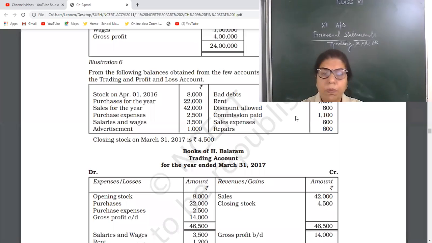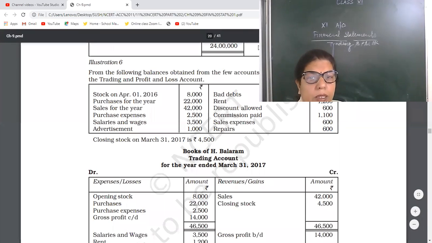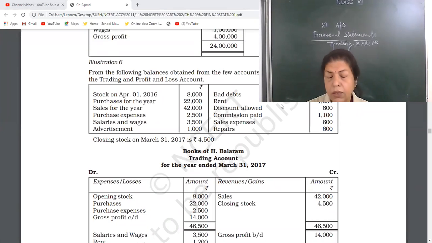So discount paid means the businessman is giving discount and it is on the debit side of the P&L. Now commission paid, that is also on the debit side of P&L. Sales expenses related with sales and distribution go to P&L. Repair, nothing is given. If that is repair of factory, then we can take it to the trading. But nothing is given, so repair will be transferred to P&L account.